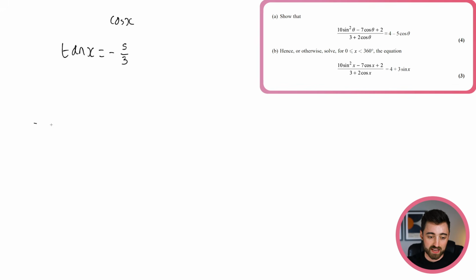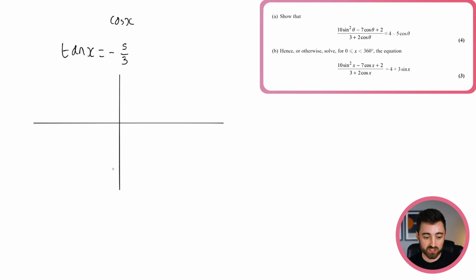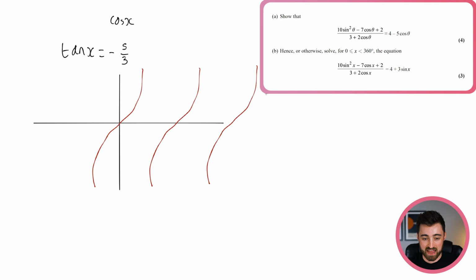So if you were to draw the tan graph, let's draw a bit of the old tan. So it's going to kind of go like that. That was actually not too bad. That could have been way worse. So this is 90. So I'm going to need a few of these just to kind of show what's popping off here. Let's pop another one in there. Let's pop another one in here. Okay. We have asymptotes. This is 90. This is 270.